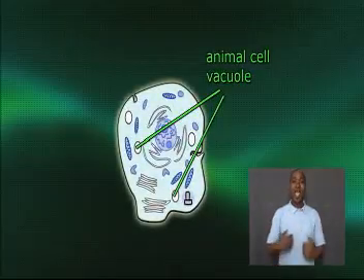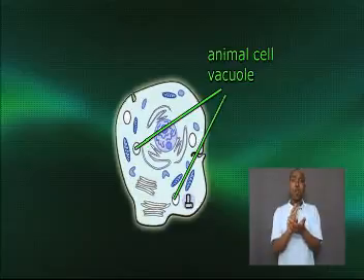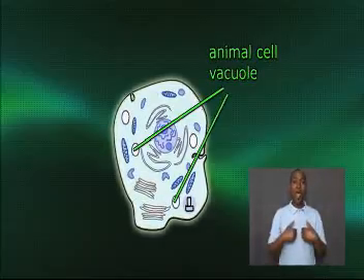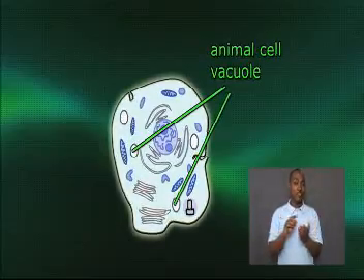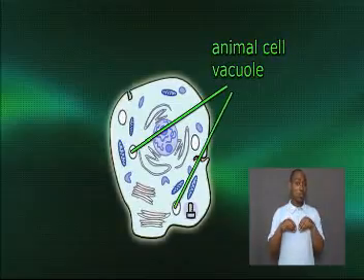Animal cells have small vacuoles and may have many of them. Animal cells never have the large single vacuole that takes up most of the space in plant cells.